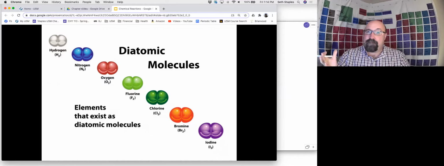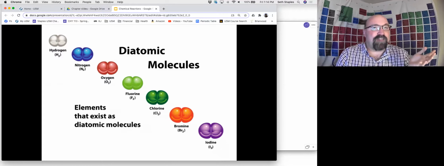You might have, for instance, oxygen that's bound up with another atom in a compound, but then through the course of the reaction, it breaks up and it's by itself after the reaction takes place. So then when it's by itself, it would exist as O2.